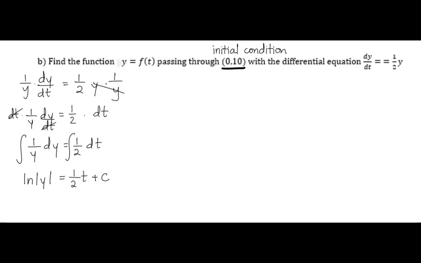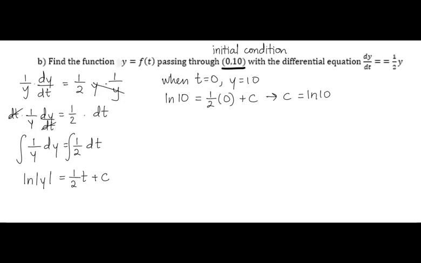Now we're told that this function should satisfy the initial condition that when t is 0, y is equal to 10. So I'm going to now plug in 0 for t and 10 for y, which will give me natural log of 10 is equal to 1/2 multiplied by 0 plus c, which tells me that c is equal to natural log of 10.